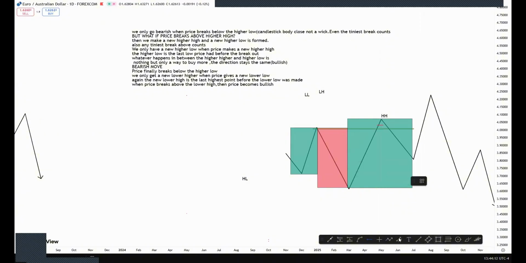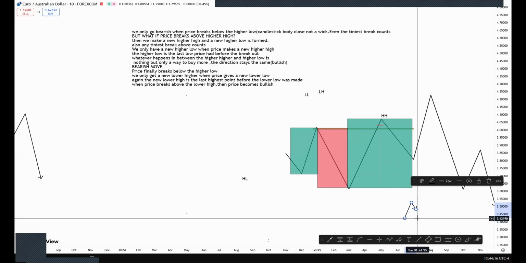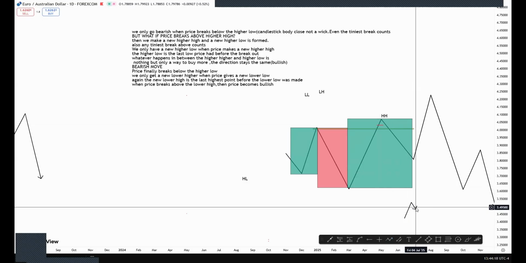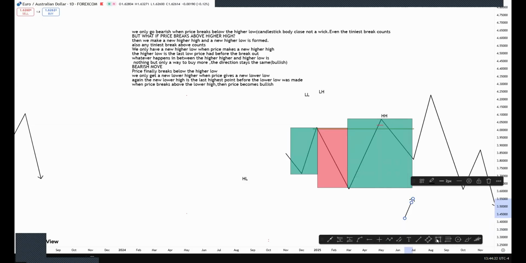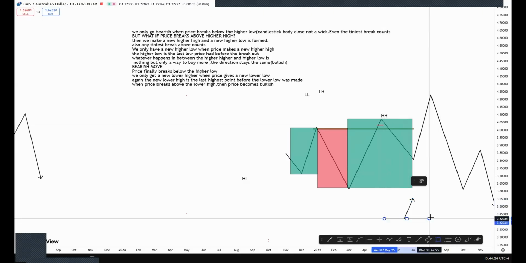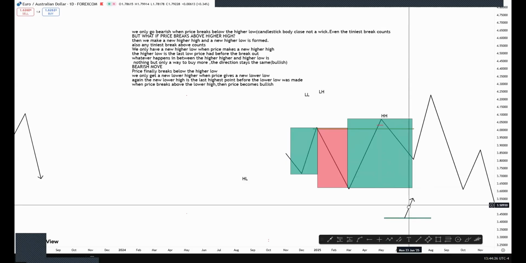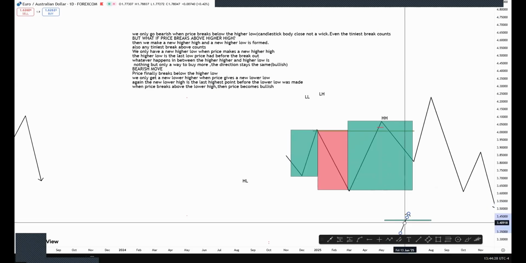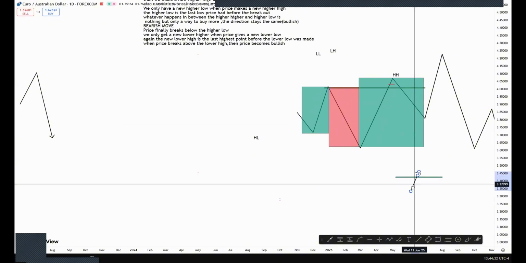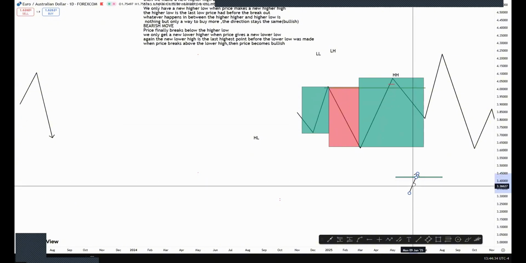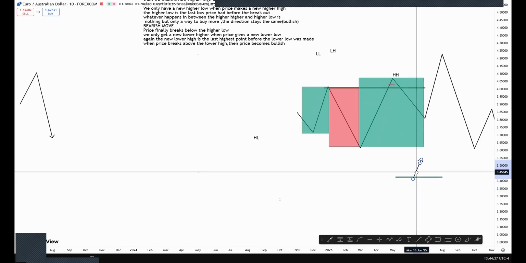You don't have to wait for price to give you something like that, then you can consider this as a higher high. No, just the moment price breaks. So if this was the break, from the time it broke above, even that smallest break, it's a higher high. Even though it keeps on going, that's a higher high.